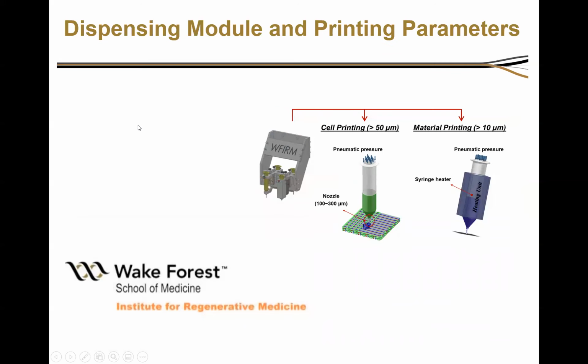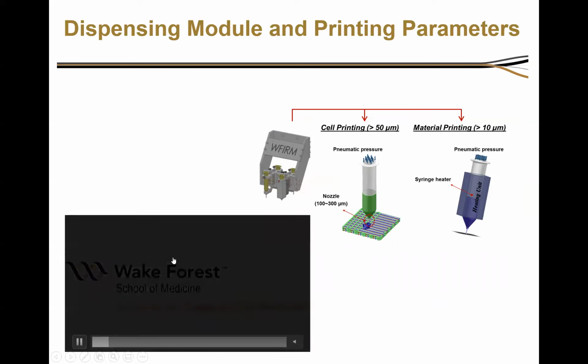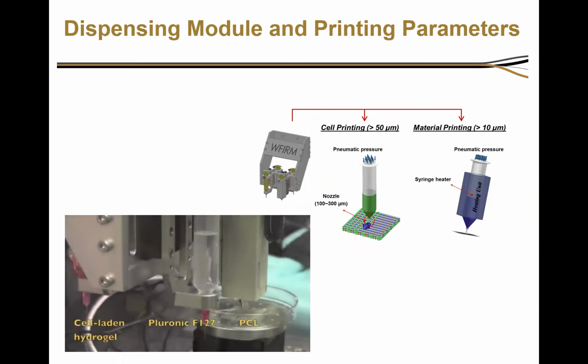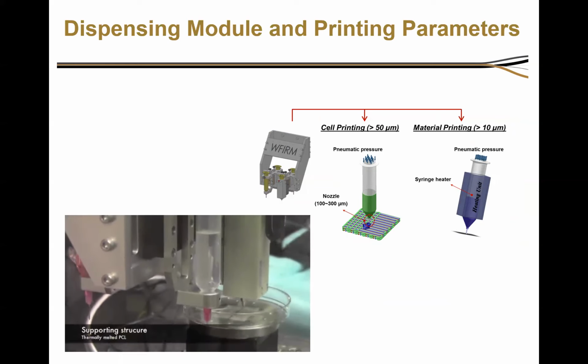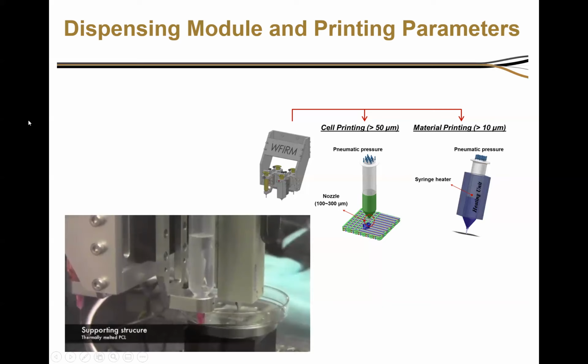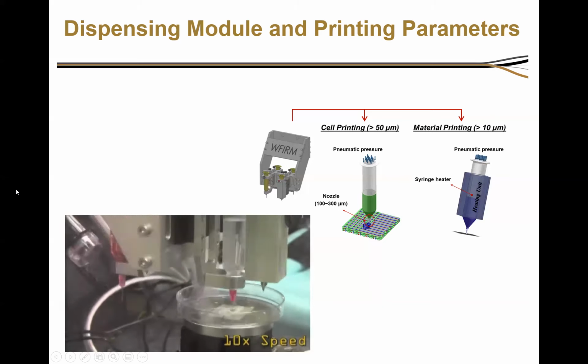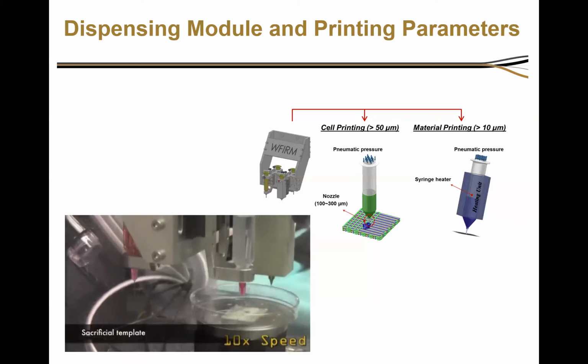Here is just a short video of printing an ear structure. And you'll see that we are printing polycaprolactone as a structural component, and that's printing now. And then you'll see the second print head, which contains a sacrificial material.